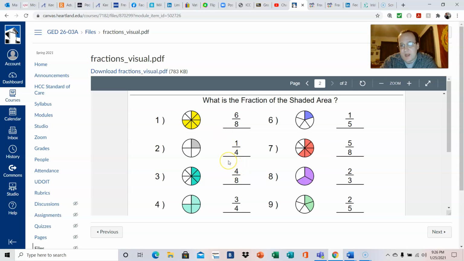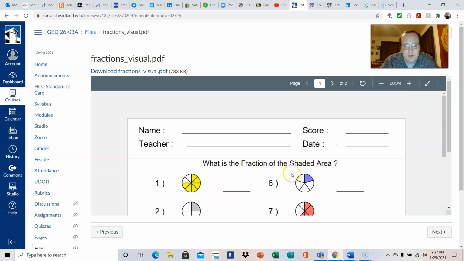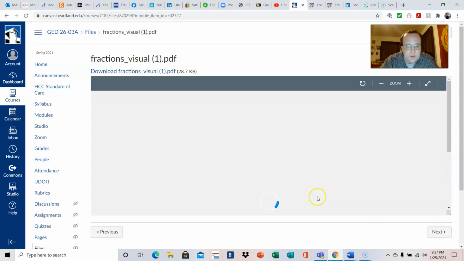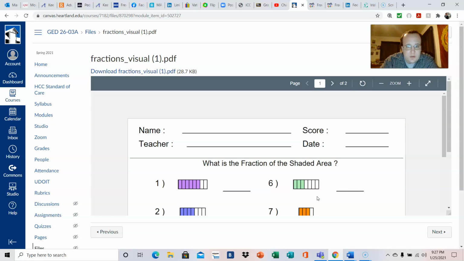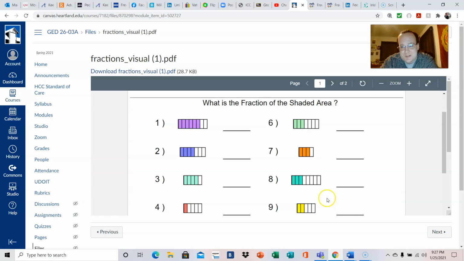We'll work on simplifying, but yeah, 1/2 would also be a correct answer. All right. So again, more practice, just with rectangles instead of circles.